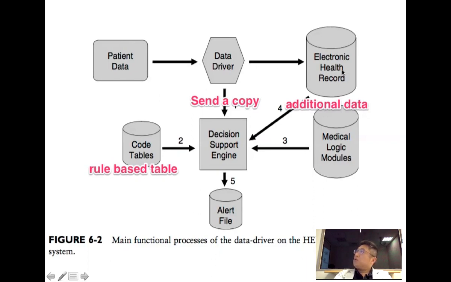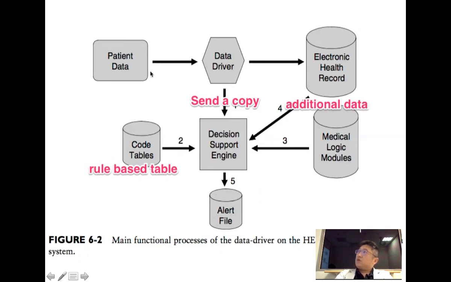One is to store in the electronic health record engine, usually we call it the data warehouse. Then the data driver will send a copy of the patient data to the decision support engine. Then the final goal is to generate the alert.